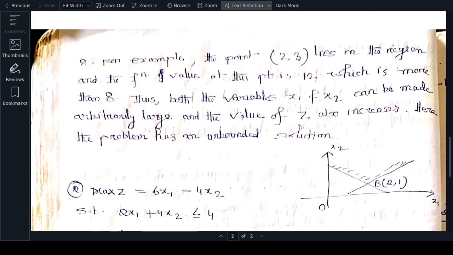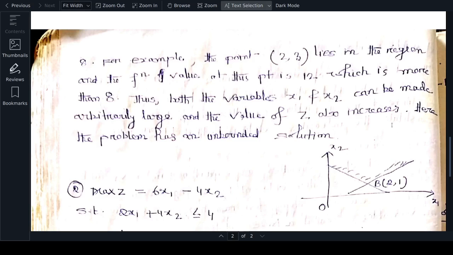And the next one is x1 plus x2 greater than or equal to 3. Putting 0, 0: 0 greater than or equal to 3. Does this inequation satisfy or not? Not satisfied. So which region do we consider? The side outside the origin, means from the line to the above side.